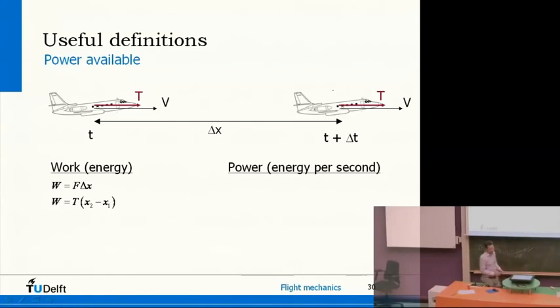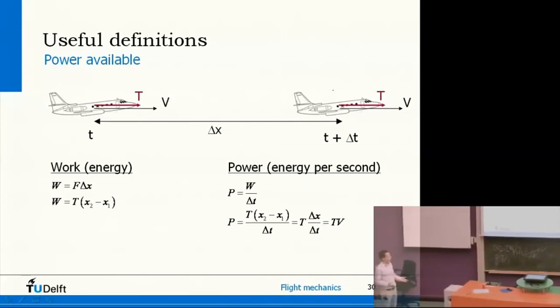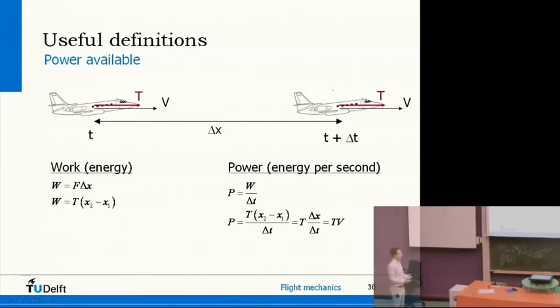So, energy per second, very simple. Power then is work, so energy, divided by the amount of time that it takes. Now you have thrust times delta x, which is the work, the energy. You have time delta t, and you can see straight away delta x over delta t.